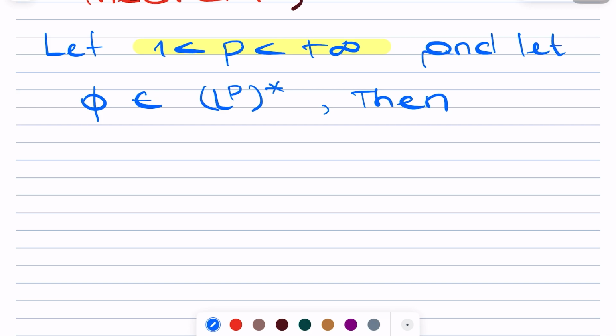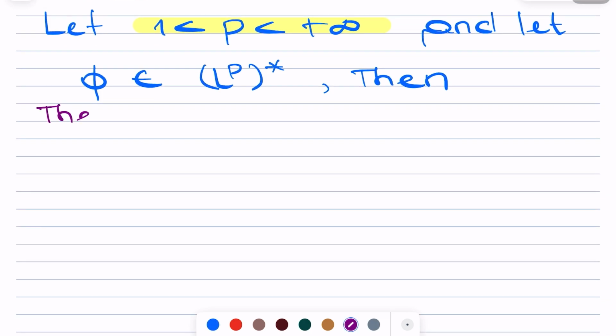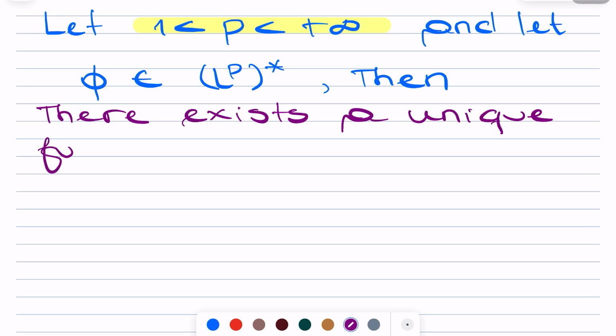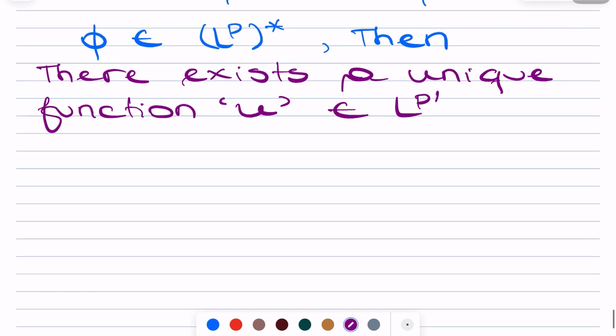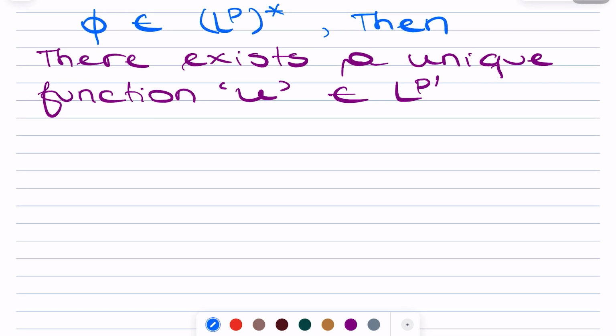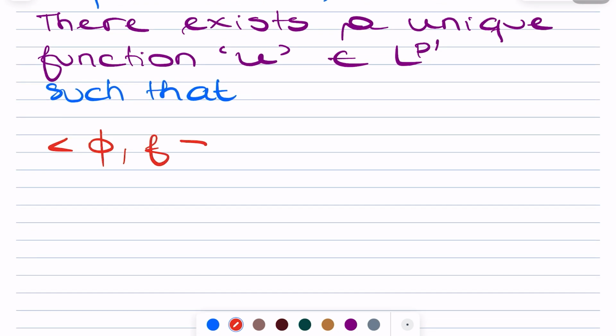Then there exists a unique function u in L^p', the conjugate exponent, such that the dual pairing between phi and f is equal to the integral of u times f, and this for every f in L^p.